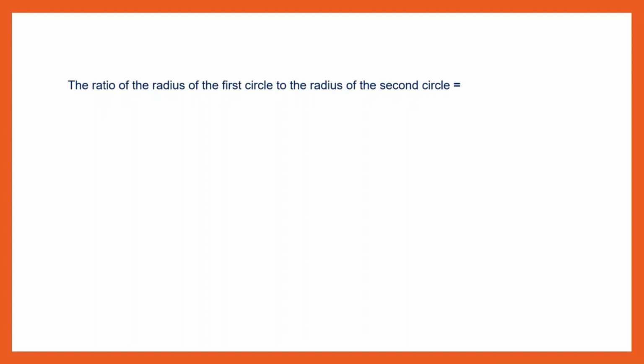So what is the radius of the first circle? 35x by 44 is to, what is the radius of the second circle? We found out to be 49x by 44. So this is a division. So this will be 35x by 44 divided by 49x by 44.